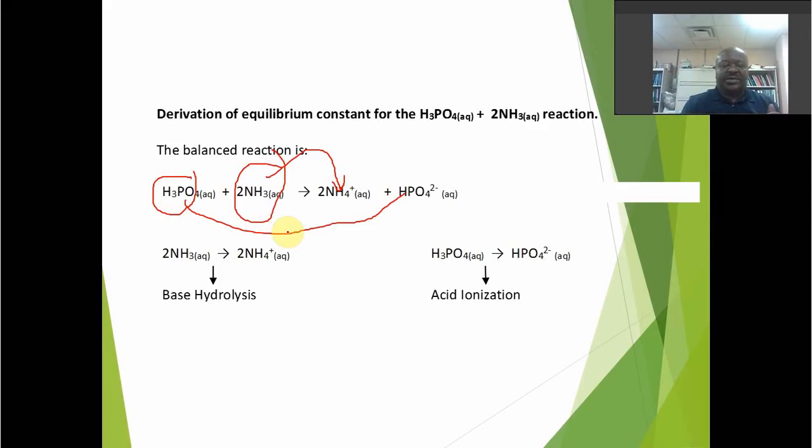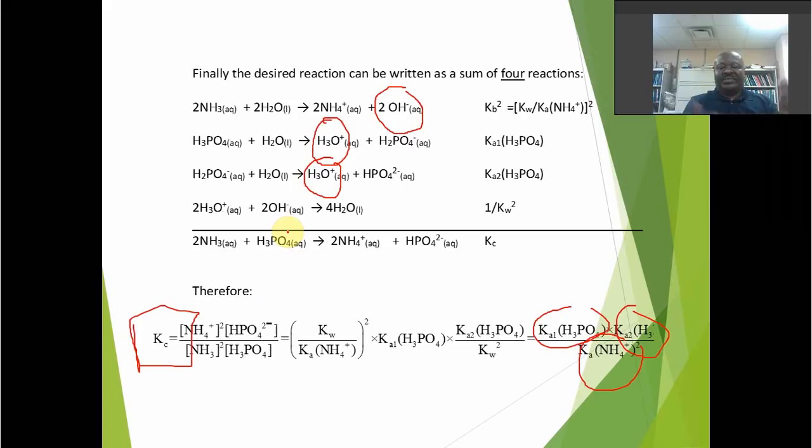Consider base hydrolysis to cancel the weak acid, the Kw expression to cancel the OH- or H3O+ that might occur in the system. Check that everything is right. Write all of these on the right hand side here in terms of the Ka values, right? So this is a Kb, so we write in terms of Ka. Do the arithmetic, come up with Kc. Think about whether Kc represents a complete reaction or not.